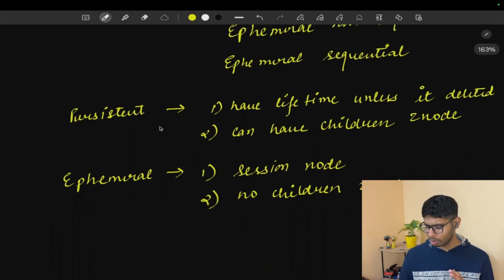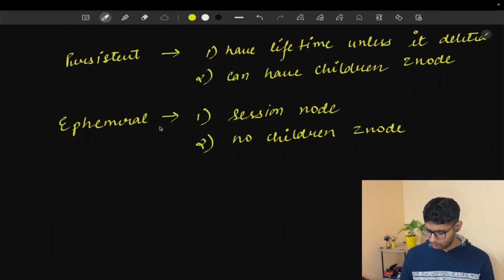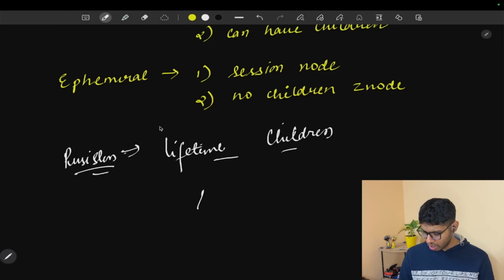I've written some definitions of persistent and ephemeral. Let's understand them. Suppose a persistent node is there. It means it is going to live for a lifetime, and secondly, it can have children. Suppose I create one node, slash a.